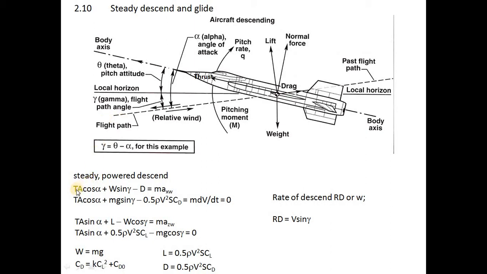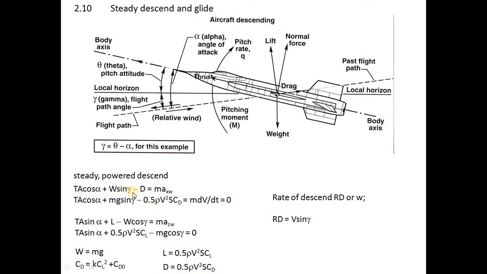The thrust available cosine angle of attack, plus the weight sine gamma, minus the drag, is mass times acceleration in x of the wind axis. The second equation will be in the z direction: thrust available cosine alpha plus mg sine gamma minus half rho V squared SC. Sorry, this is not the second equation. This is still the first equation, but it's the extension of drag.